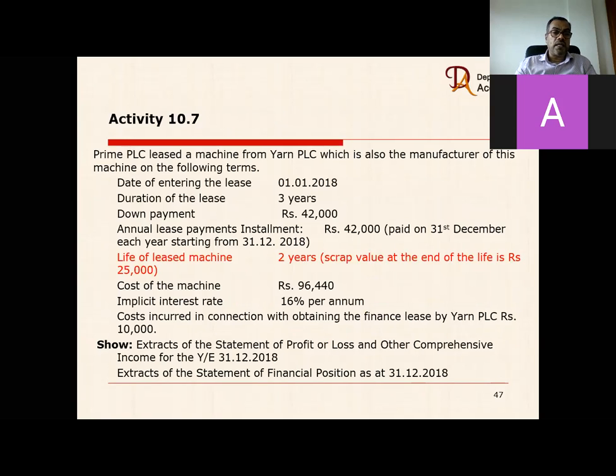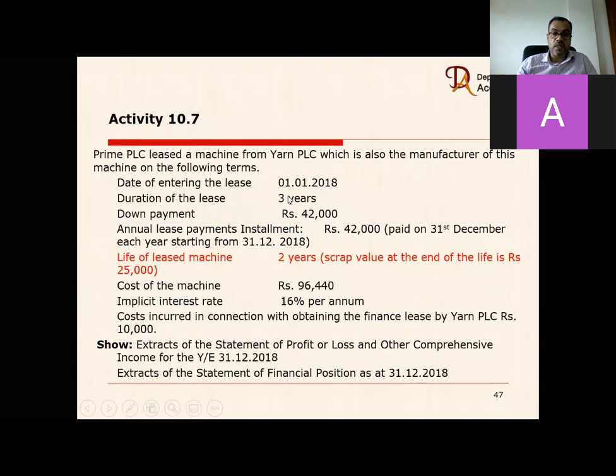Now, this activity. Prime PLC leased a machine from Yarn PLC, which is also a manufacturer of this machine, on the following terms. So here, the manufacturer becomes a lessor. Then you need to recognize two components, profit and finance income. The lease duration is 3 years, down payment 42, annual lease payment 42,000.